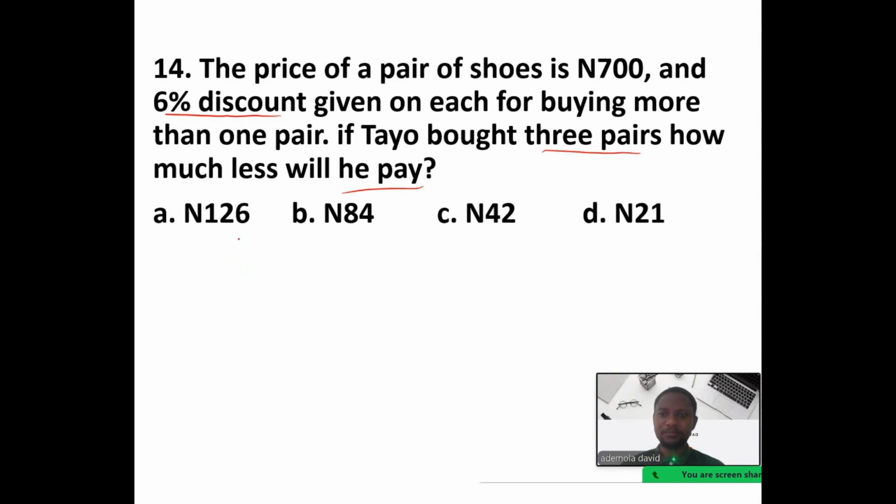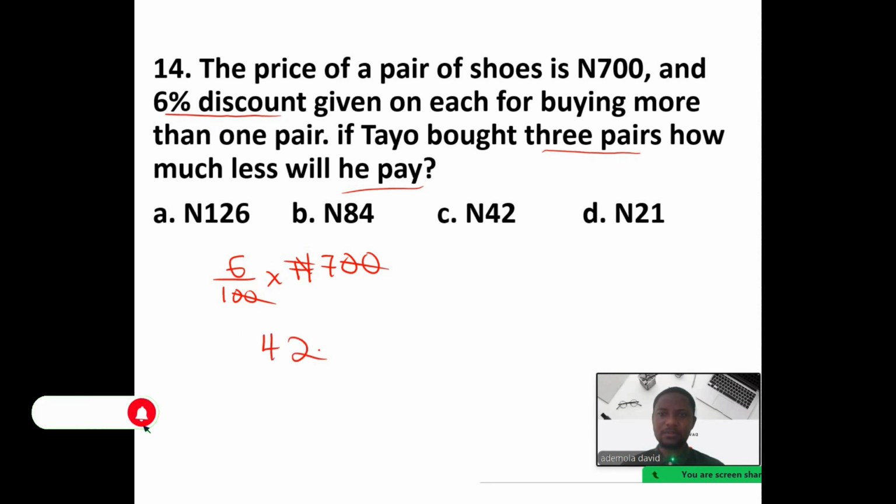He will pay 6% of the 7,000, sorry. 2 zeros cancel 2 zeros, and then you multiply 6 times 7, that will give you 42. Are we good? And then don't forget it says 6% on each.